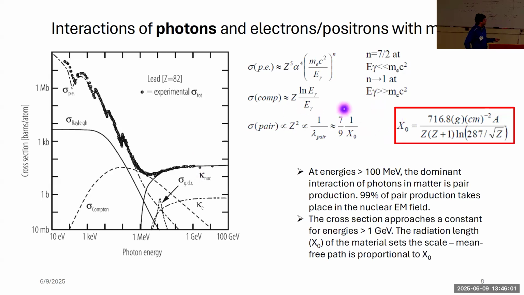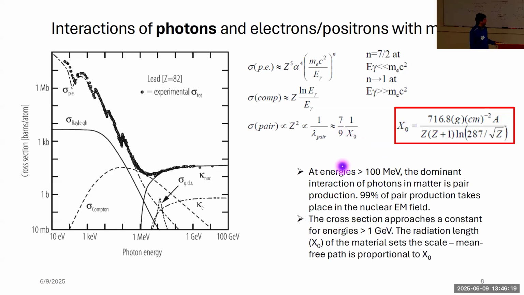And the important point here is that since this approaches a constant, we can characterize the cross section in terms of something we call the radiation length, which is a property of the medium that the photon is interacting with.